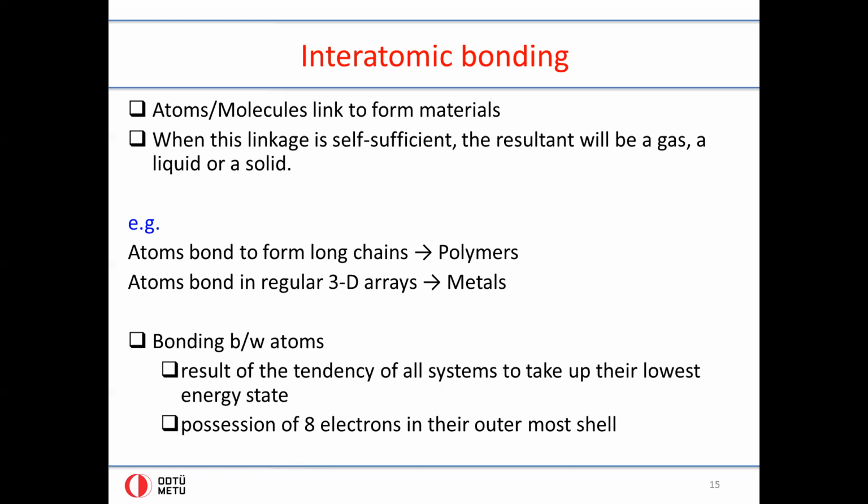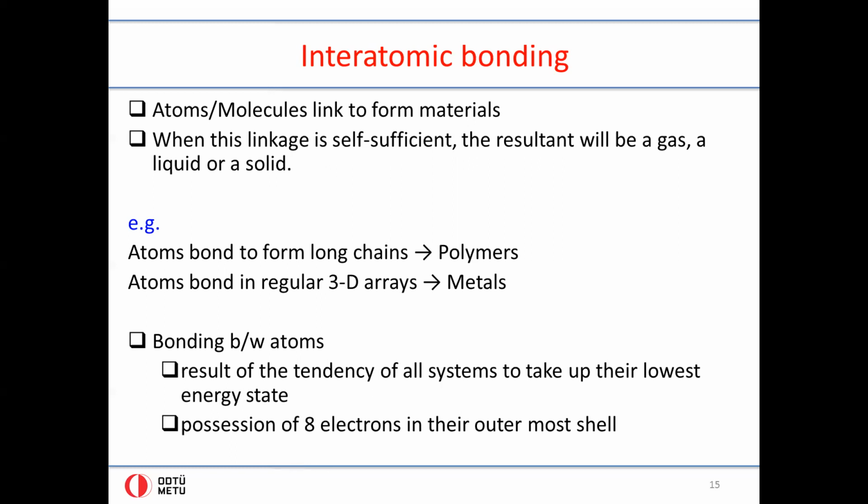So, again, the general idea is that bonding between atoms is because of the tendency of all systems, and the atoms that make up the system, to take up their lowest energy state, to move to a more stable, lower energy, smaller volume position. This is similar to you taking a ball in your hand and it dropping to a lower energy state, in this case due to gravity.